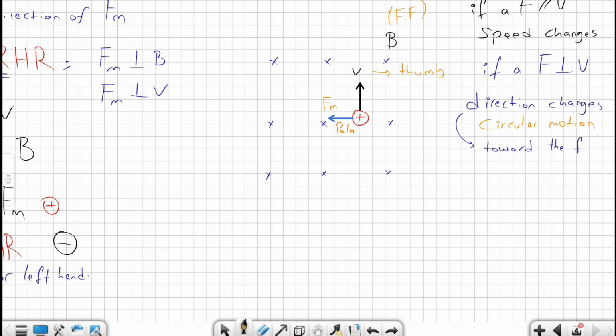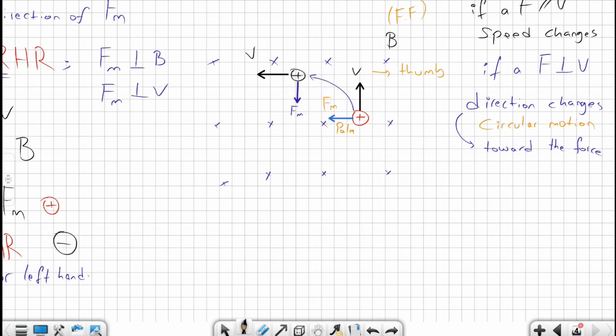For example, in this particular picture that we had a moment ago, the force is to the left side, so it will change the direction of the velocity toward the left side until the charge will be moving to the left. At this point, if we use the right hand rule again, our four fingers into the page and thumb to the left, our palm will be facing downward, which shows that the magnetic force is this time downward.